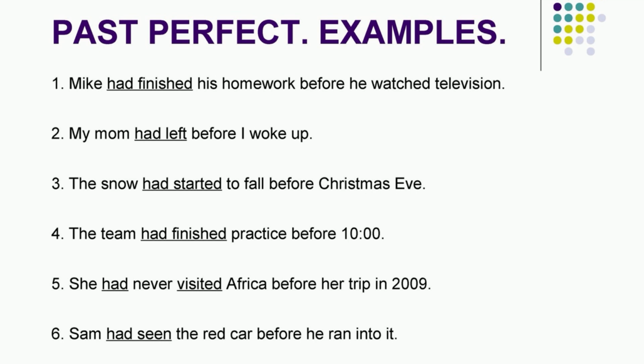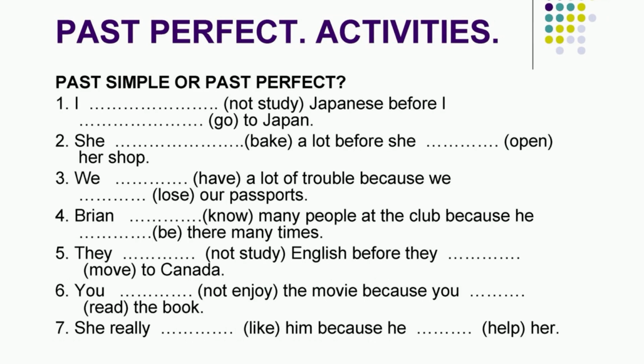The snow had started to fall before Christmas Eve. The team had finished practice before 10 o'clock. She had never visited Africa before her trip in 2009. Sam had seen the red car before he ran into it.